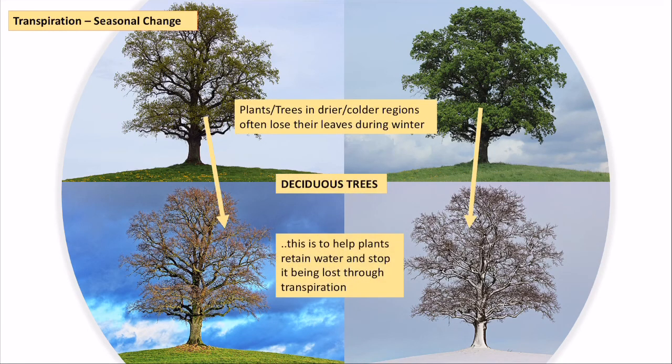And the reason they do this is because of transpiration. They want to make sure that they can retain water throughout the winter, and because they lose so much through the leaves, if they get rid of their leaves, it stops it being lost through that process of transpiration. So transpiration rates aren't continuous. They will change depending on the season, especially in areas like the UK where we have deciduous trees.